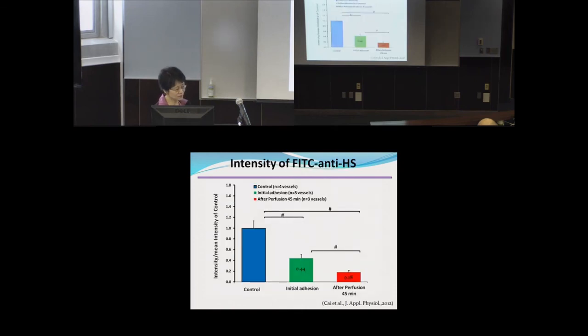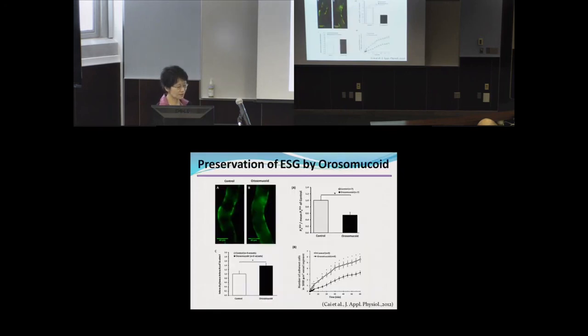So to give a little summary, initial adhesion degrades the surface glycocalyx to 44% of the control. The 45-minute tumor cell perfusion degrades it to about 18%. So in this way, we think about whether we can preserve this surface glycocalyx by certain treatment.